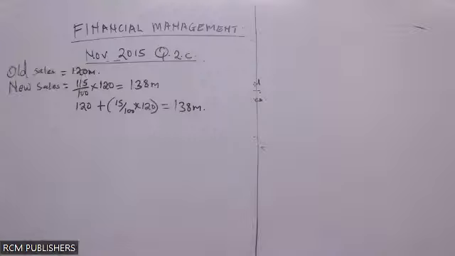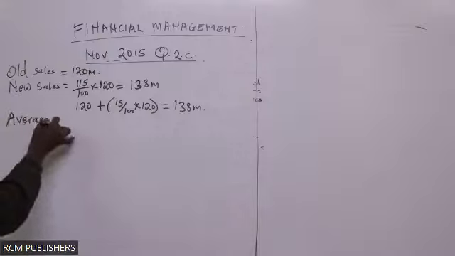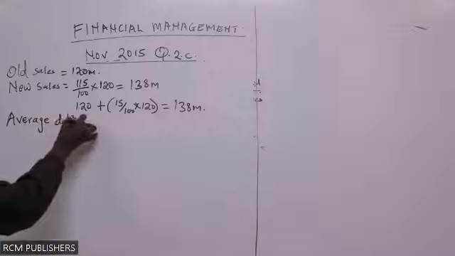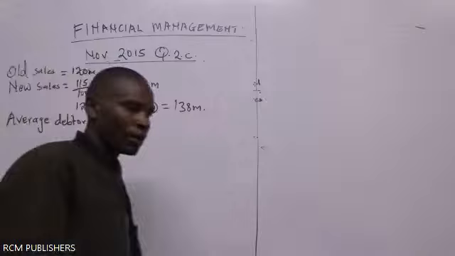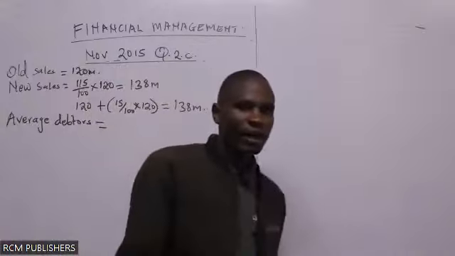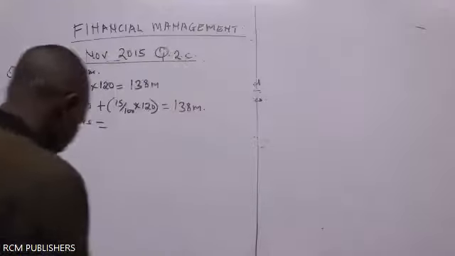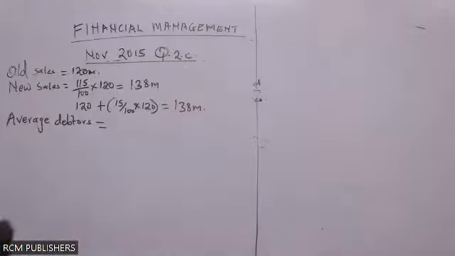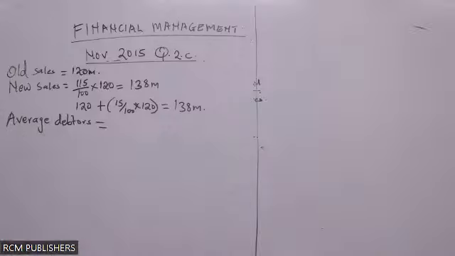Great. Now, if I have the new sale, I need to get the average debtors. From our ratios, when we were analyzing the financial statements using ratios, we said that to get average debtors, we divide by the correction period.